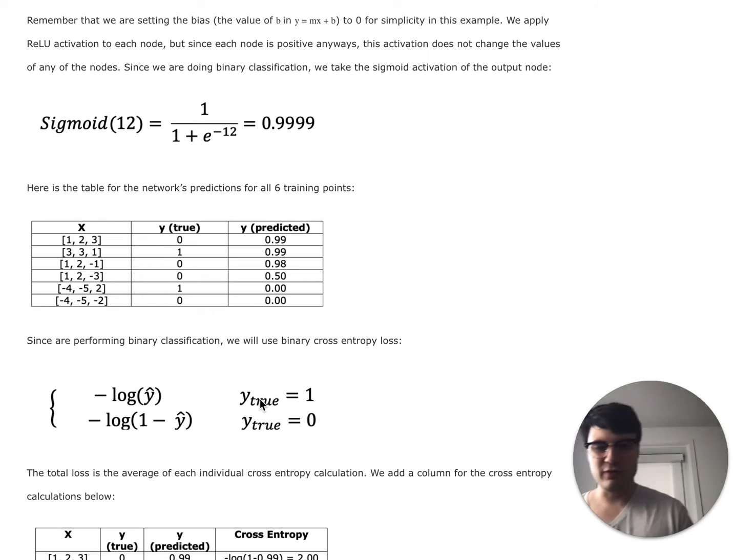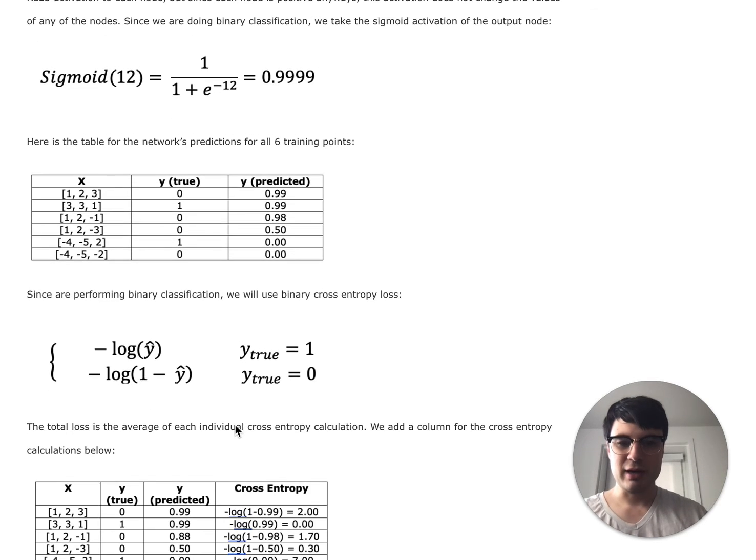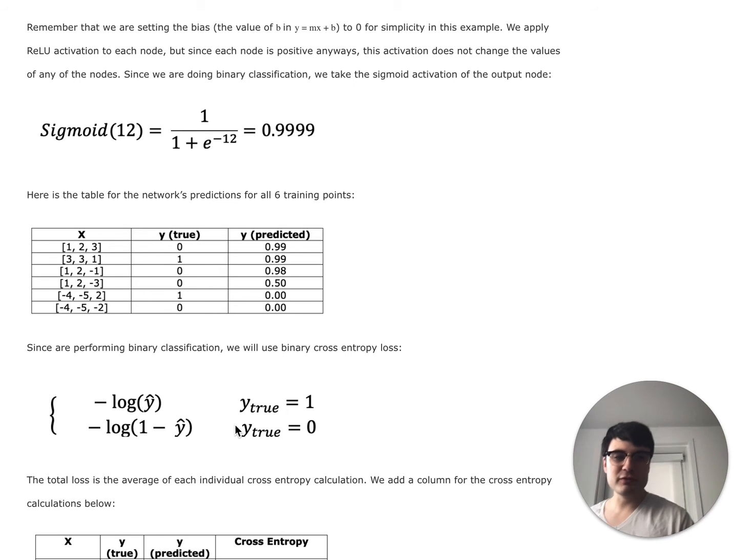When y true is 1, it comes to be negative log of the predicted value, and if y true is 0, then it's negative log of 1 minus the predicted value. The goal of gradient descent is to minimize the loss. Loss usually has negative connotations, but here you want to lower loss, because lowering loss of whatever is usually a good thing.